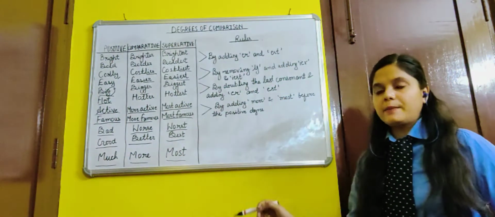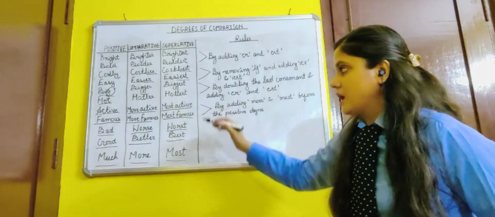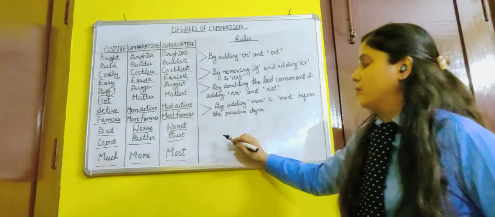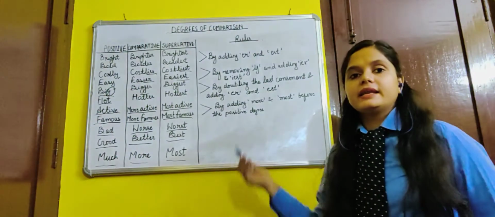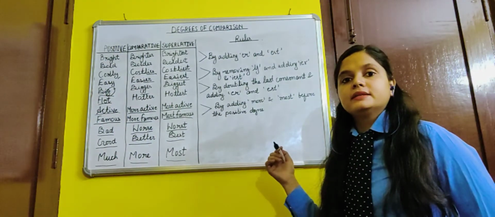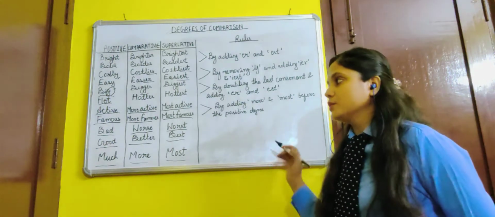If you see the pattern, you will observe that these are not following any type of pattern or rule. These are irregular degrees. They don't follow any pattern or rule.